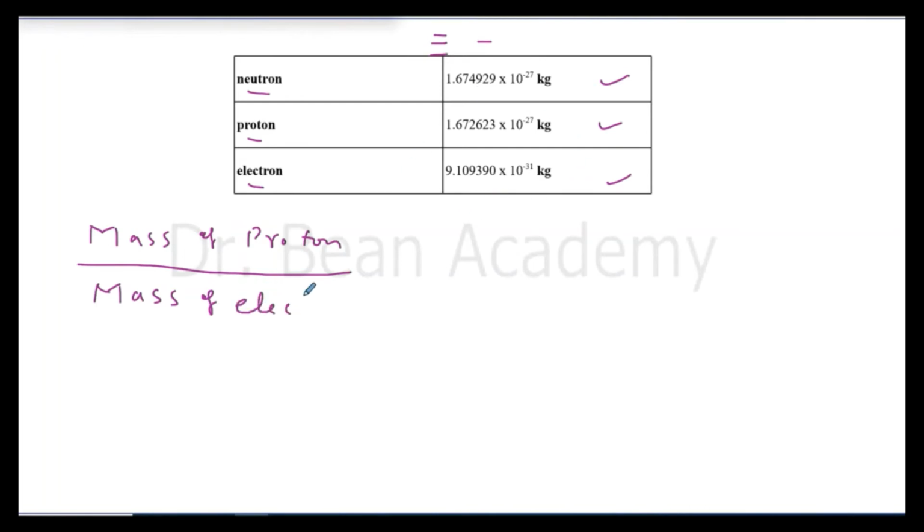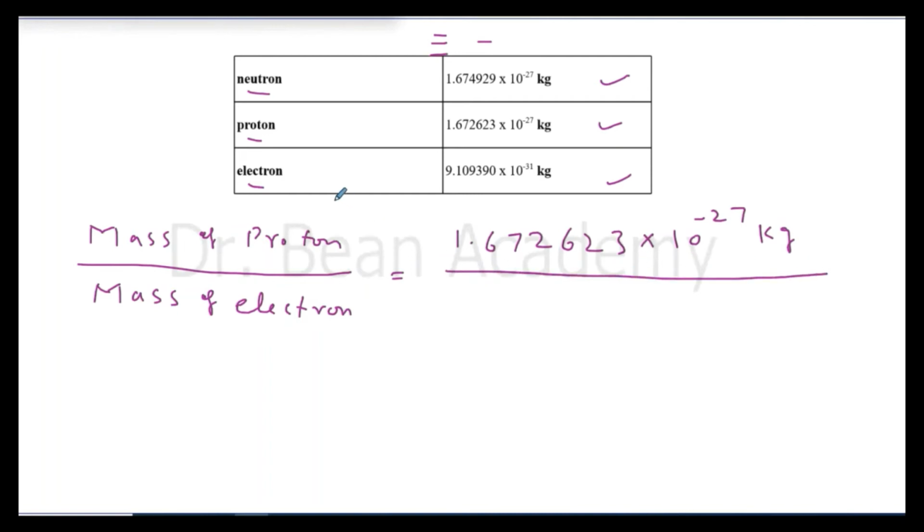So I am going to calculate the ratio of the mass of proton, which is here 1.672623 times 10 to the power of negative 27 kilograms, divided by the mass of electron, which is here 9.109390 multiplied by 10 to the power negative 31 kilograms.